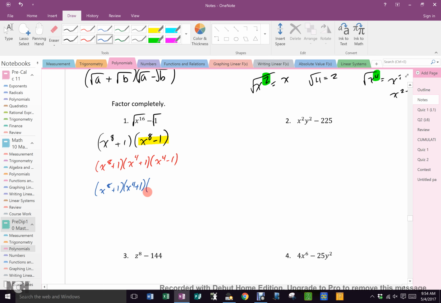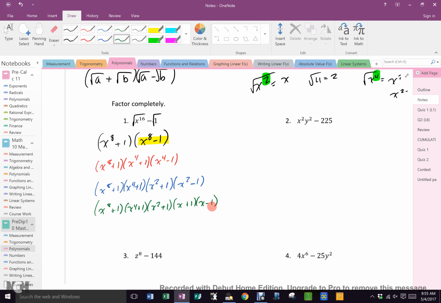What does this one become? X squared plus 1 and x squared minus 1. Am I done? Why? Because it's another set of squares. X plus 1, x minus 1. Now am I done? Yes.